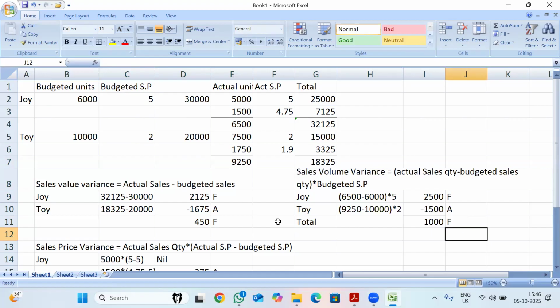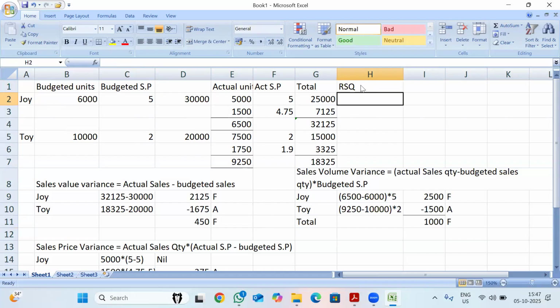Then only this mix variance and sub-volume variance will be covered. So here in this problem, we have two products, so we can calculate mix variance and sub-volume variance. For that, we need the revised standard quantity, that is RSQ. So we need to calculate RSQ first.